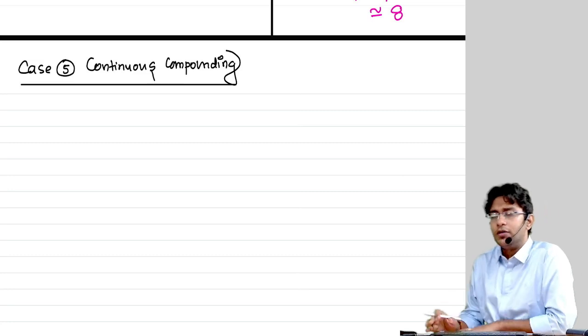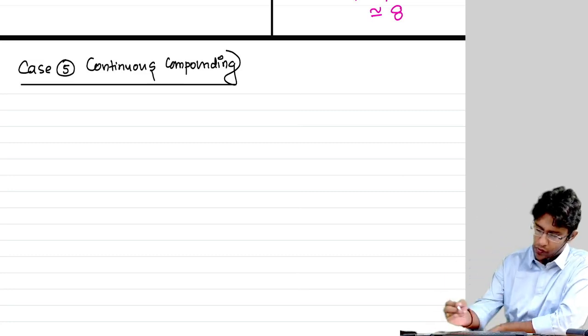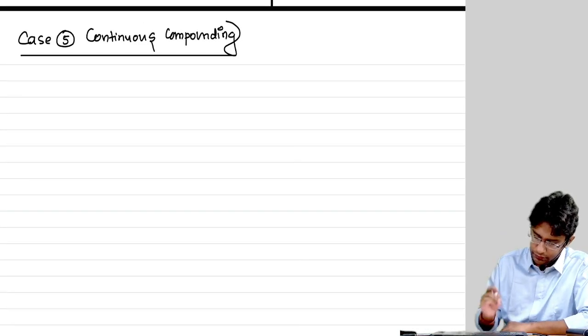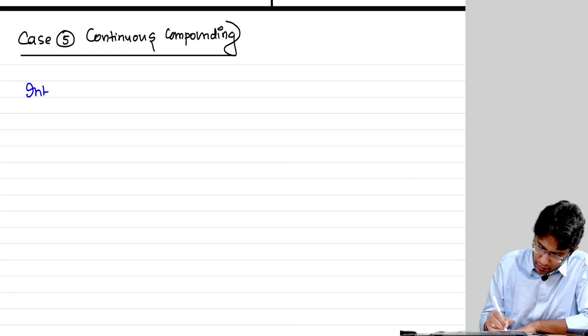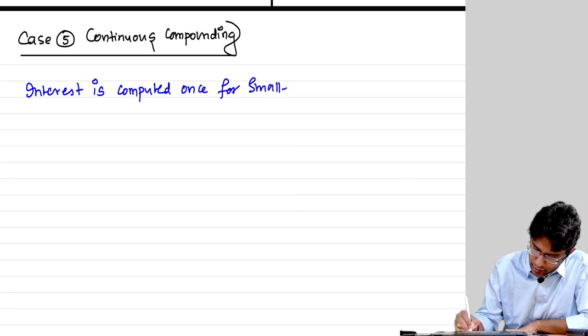Now, continuous compounding, what will happen is, interest is computed once per smallest fraction of time.